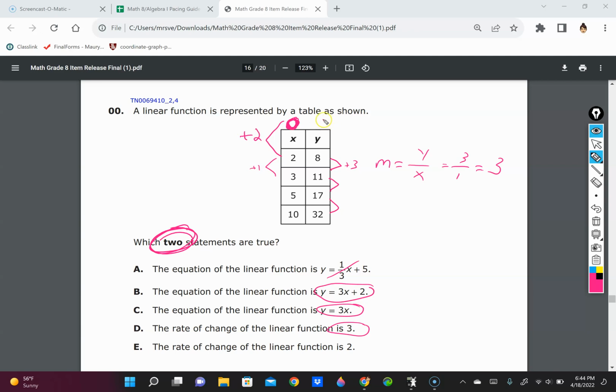Well, what is going to be my number here to give me a slope of 3? 6 divided by 2 gives me 3. And then 8 minus 6 gives me 2. So that would be my y-intercept, which is right there. If I have a y-intercept of 2, I can't have a y-intercept of 0. That's not going to work.